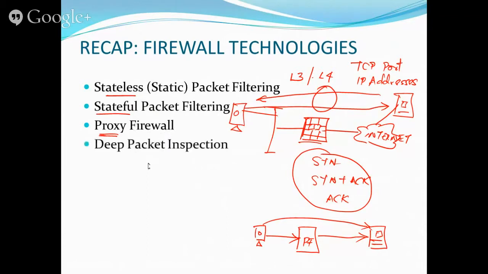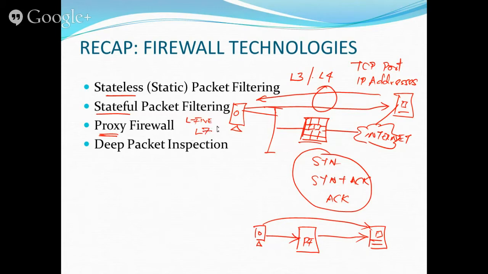And then the last one that we have is deep packet inspection. Now, one thing I should have mentioned is that proxy firewalls, depending on which one you're using, actually occur between layer 5 and layer 7.